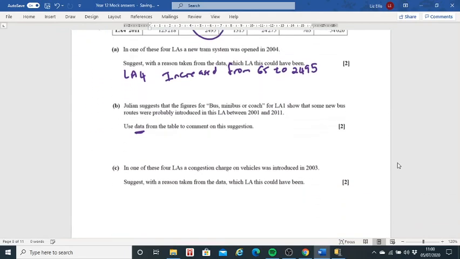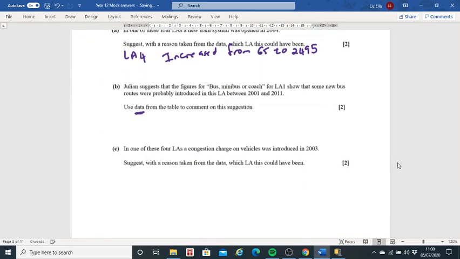So how do we actually answer this question? What were they looking for? They wanted you to say something like the ratio of increase for the bus is roughly the ratio for the increase of the people.